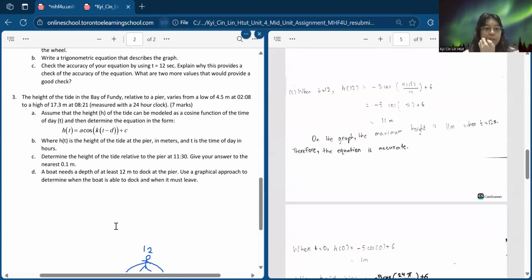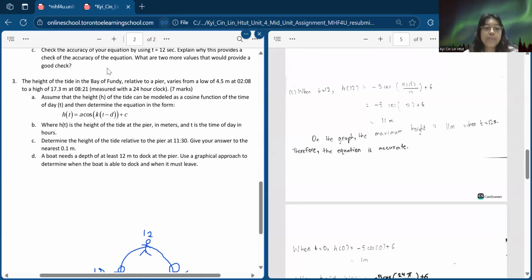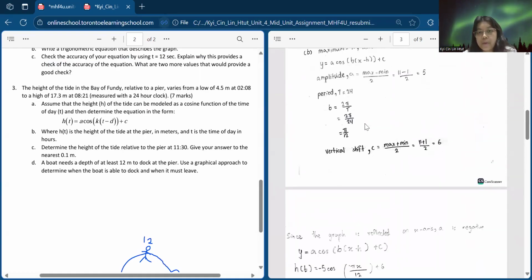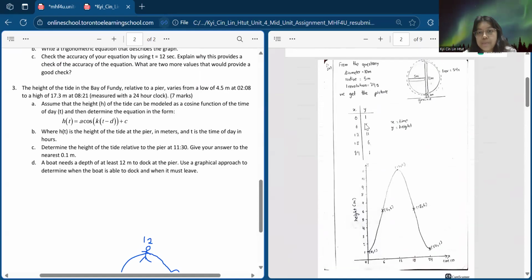For part C, it wants us to check the accuracy by using t equal to 12 seconds, which is what we did. T equal to 12 seconds, which means I substituted 12 for all the positions of t and I get 11. Let's see if the answers match.